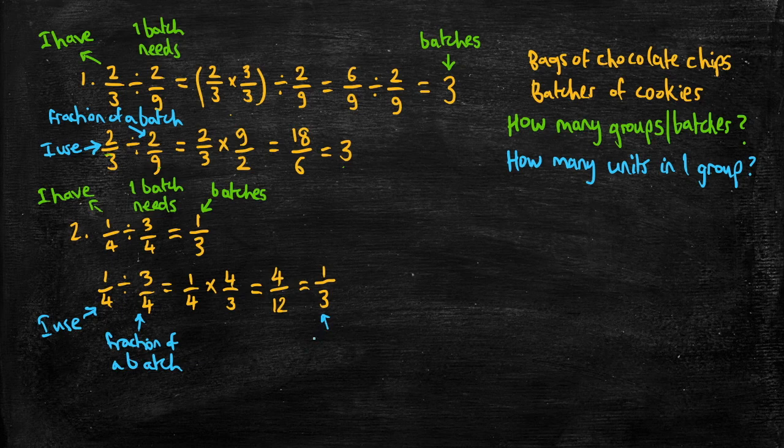So 1/3 of a bag of chocolate chips is going to make a whole batch of cookies, because 1/4 of a bag makes 3/4 of a batch, and so 1/3 of a bag. So this is the fraction of a bag needed to make one batch.